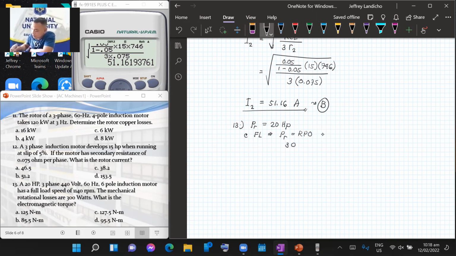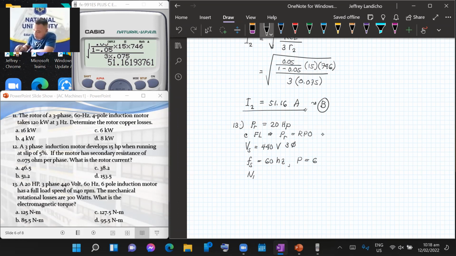That is our stator supply voltage, which is VS. So, ilan siya? 440, no? Volts with the frequency at the stator of 60 Hertz. In the number of poles, that is only 6. As full load speed, so that is operating at full load.